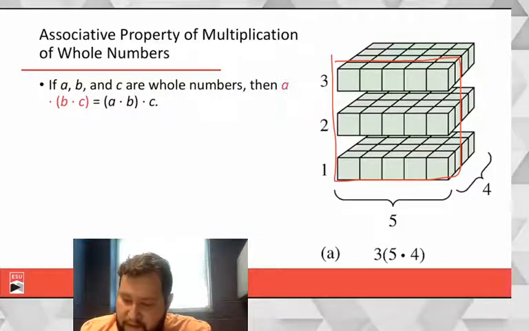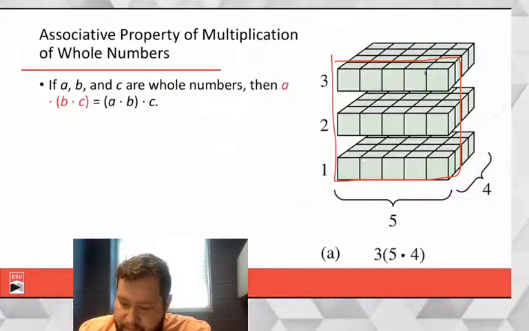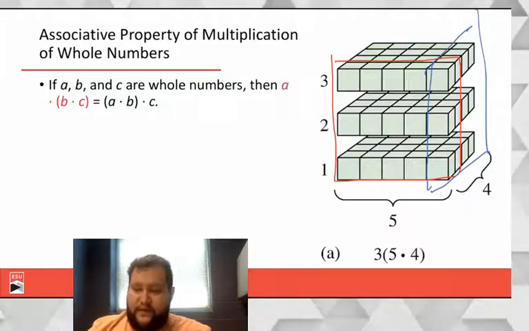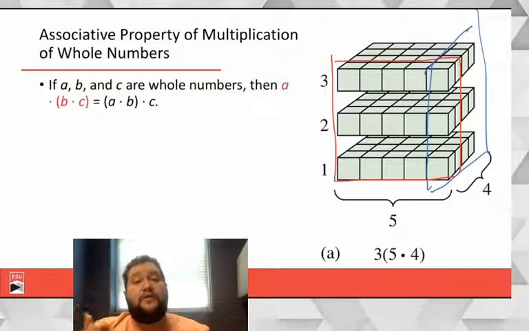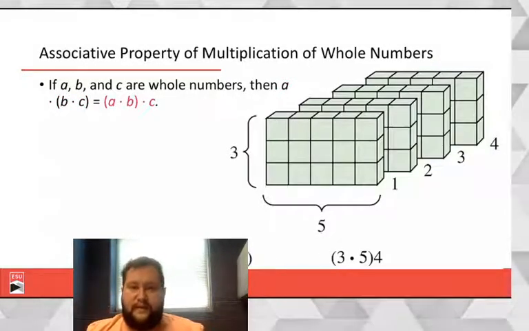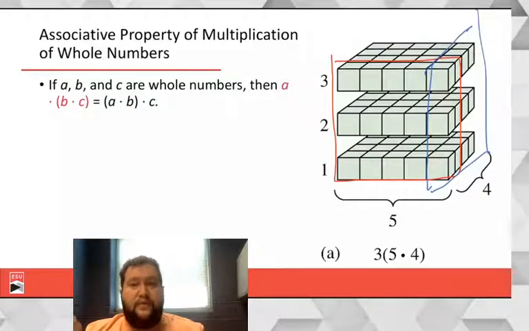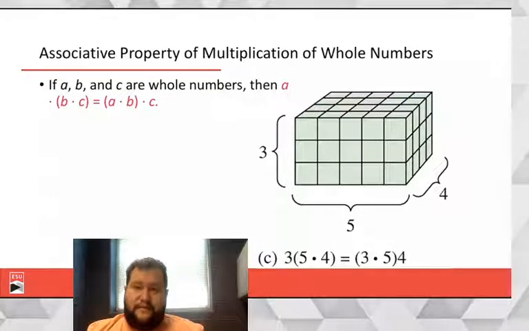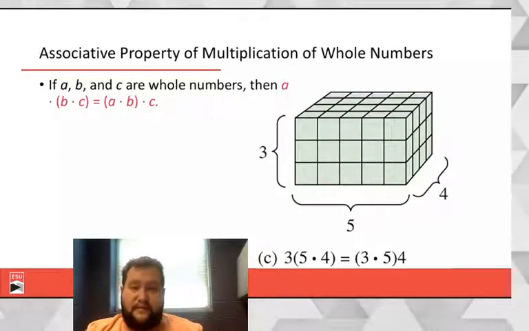Or if I slice it this way, it would be the same, because the number of cubes isn't changing. So here's the picture. We can slice it this way, this way, or this way. Or I guess we didn't slice it at all. They were just too lazy.